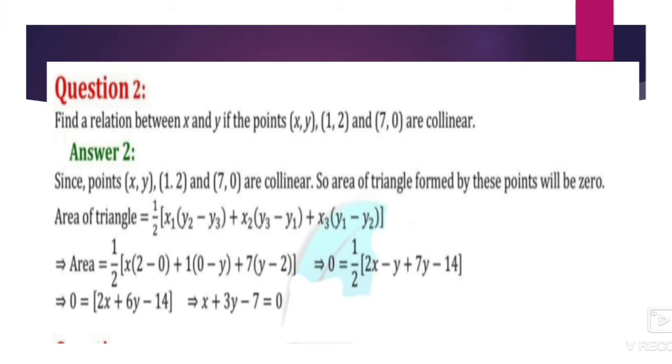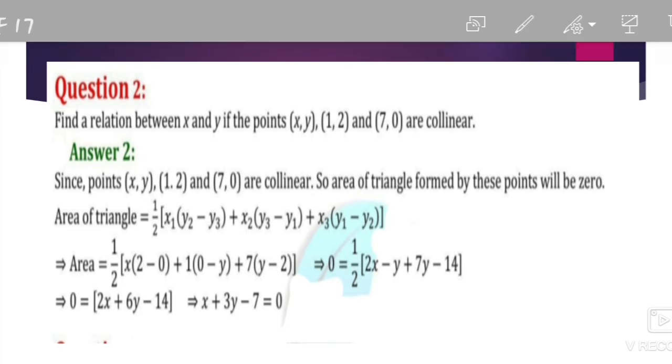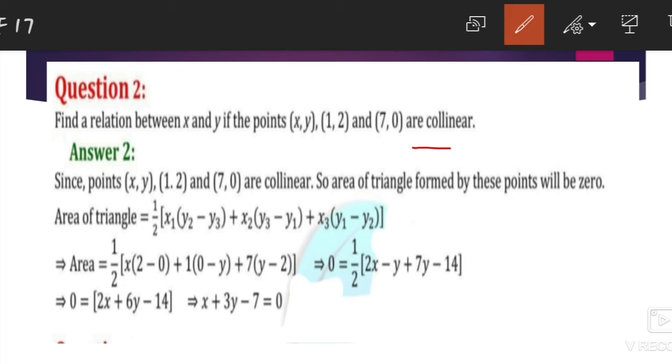Now the next one: find the relation between x and y if the points (x, y), (1, 2) and (7, 0) are collinear. Since these 3 points, suppose I am considering them as A, B and C, are collinear, that means they lie on a single line, right? They lie on the same line.